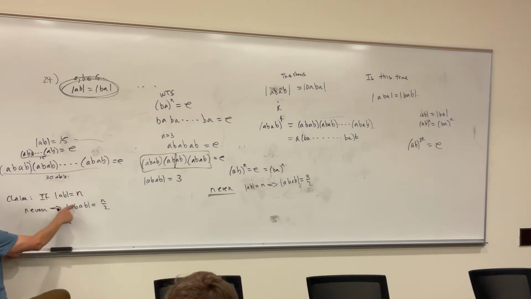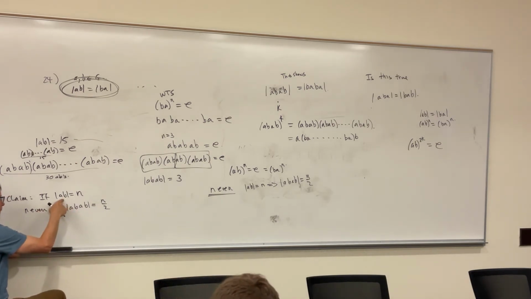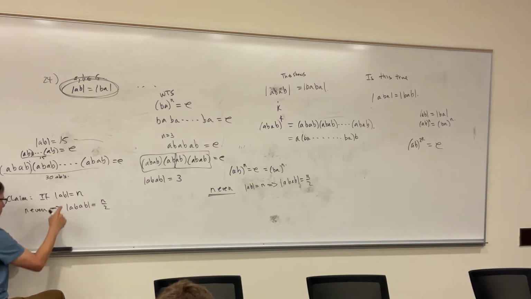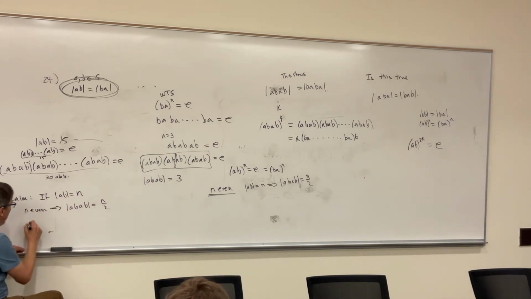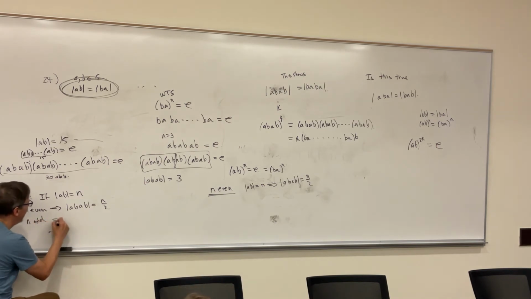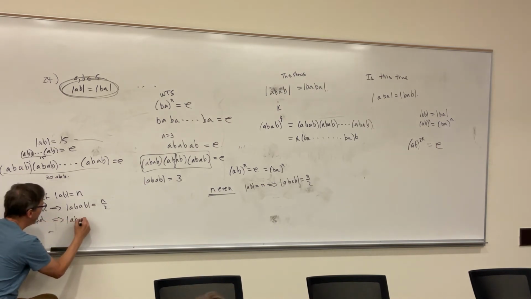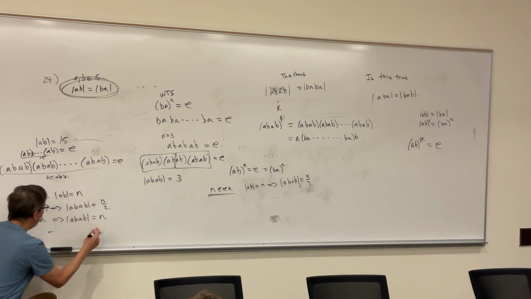Because that gives me, if like half as many of these gives me what it takes to get, right? Yeah. And then if n is odd, the order of AB is n.